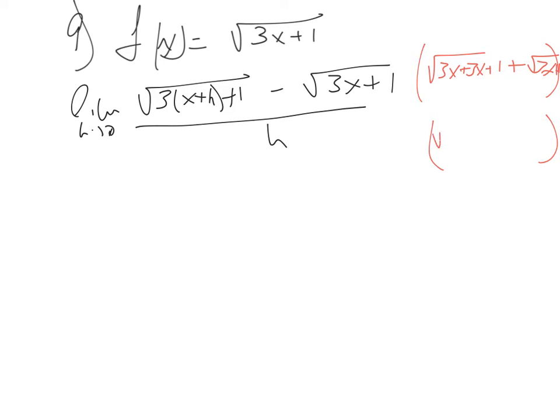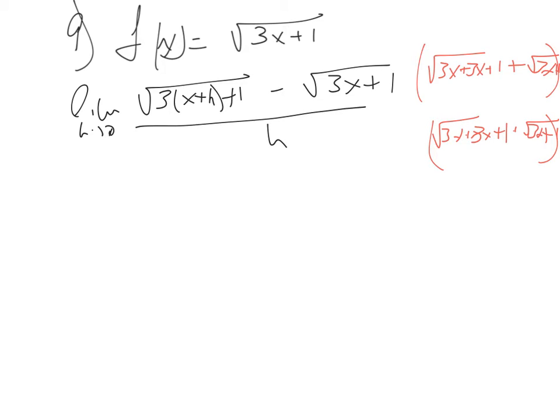Numerator and denominator, so the square root of 3x plus 3h plus 1 plus the square root of 3x plus 1. On the notes in the PDF online this is a little bit clearer.